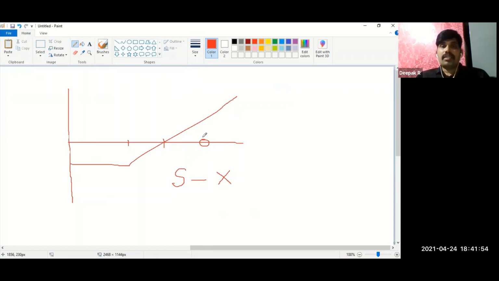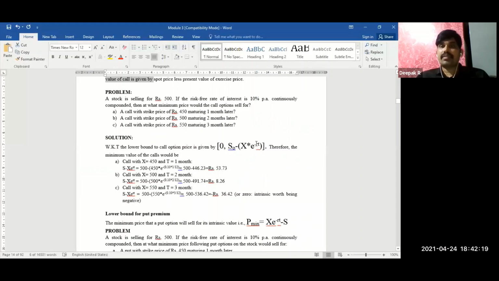Now the spot price, we are considering it 2 months from now. Okay, so that is going to be further away. Now when we are talking about the exercise price, we should be able to consider the present value also, so the present value of the exercise price.